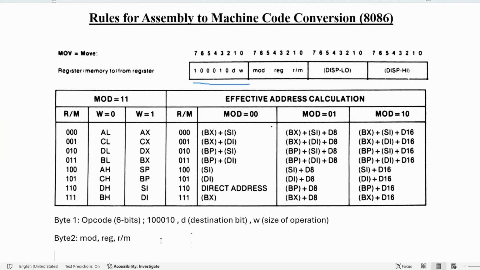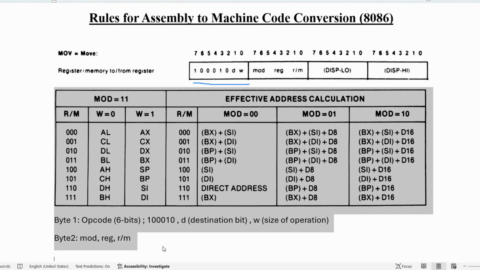We will take an example of this instruction, move. This instruction covers moving register to register, memory to register, or register to memory, so there can be three different examples of this instruction. I'm going to take one of them.